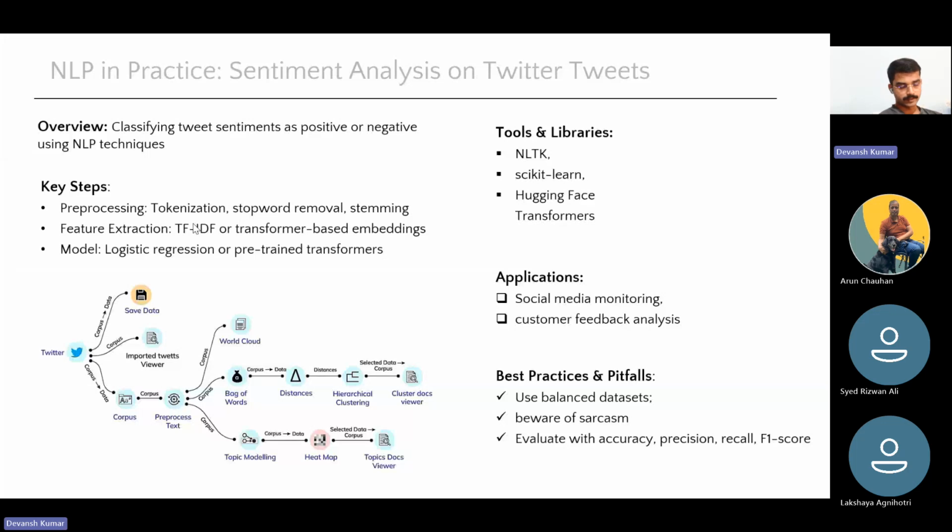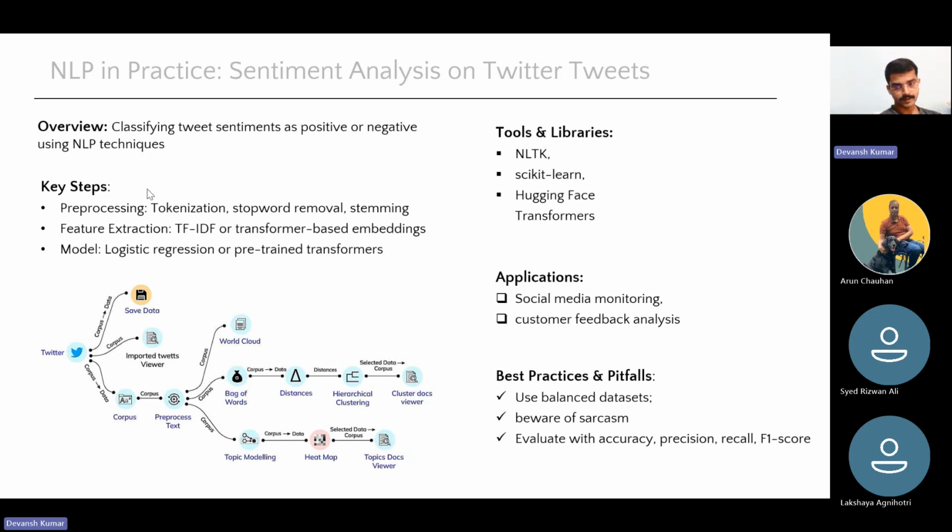So, in the last session, we have already covered the modern techniques we are using in NLP, including the attention mechanism and sequence to sequence modeling. Now we will see an implementation of such techniques in real-world applications.